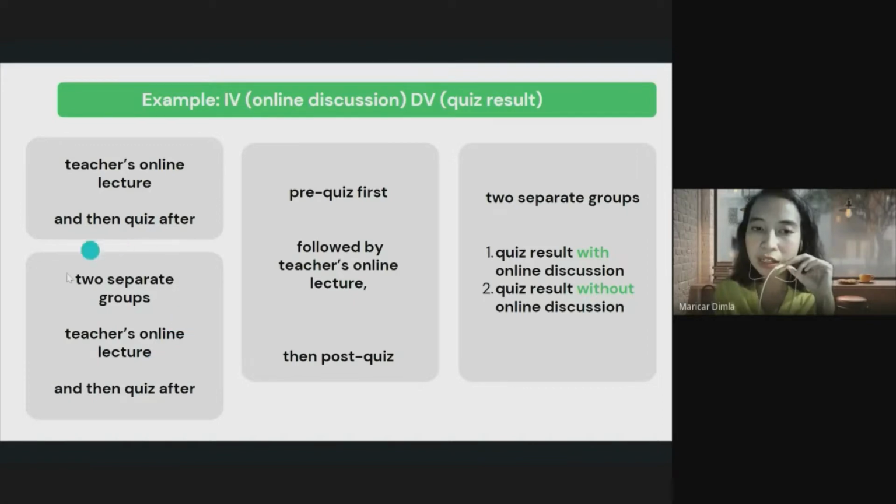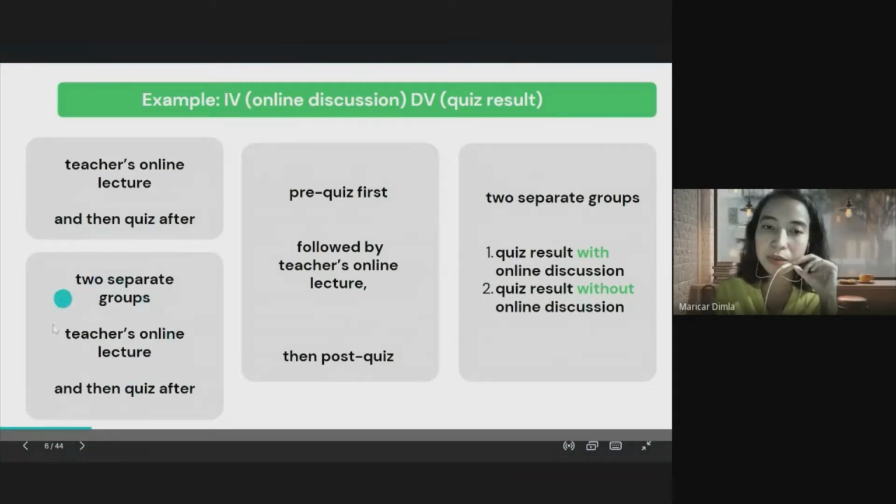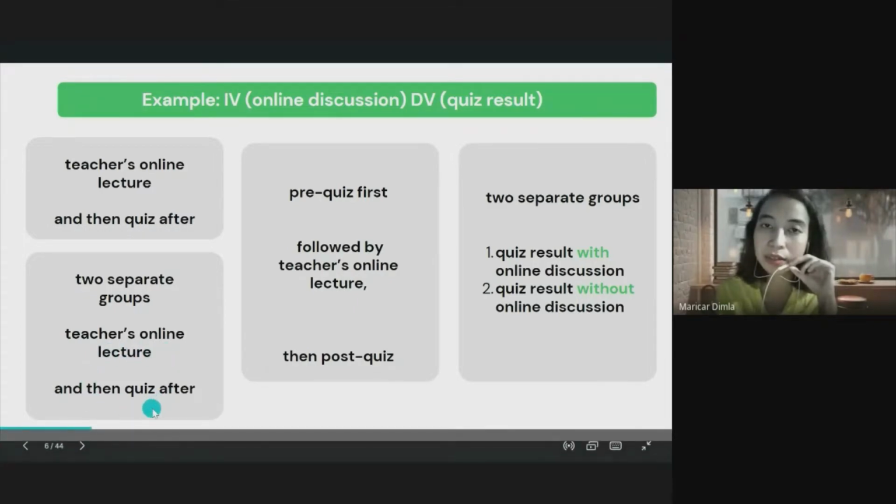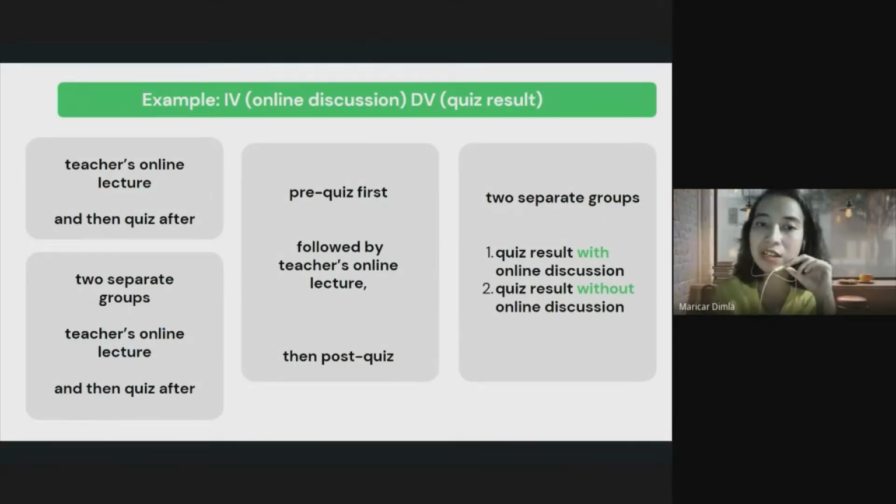So we have here another separate box wherein we have the same IV and the same DV, class, but with a different research method wherein there will be two separate groups, for example, STEM 1 and STEM 2, and they receive the same quality of discussion online, and then they will be having their quiz. Probably, there will be different results or findings because you use a different research method here.